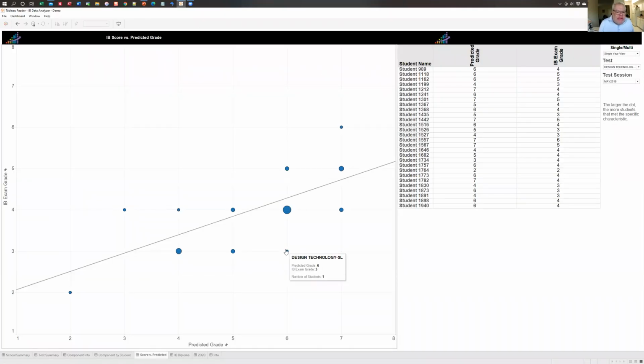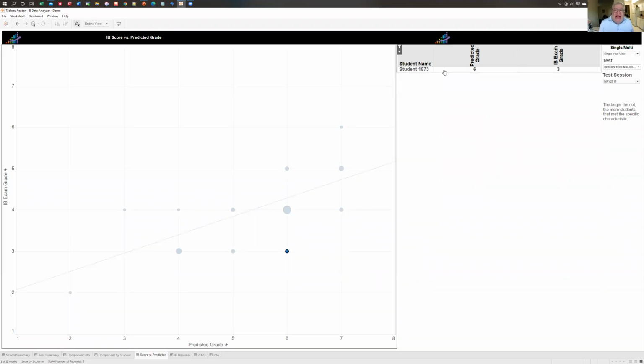An outlier, for example, is this: a student who was predicted at a 6, but earned an exam score of 3. Now, if you click on the bubble, it will actually show you the student's name. This is a demo version, but you can actually see the student name.